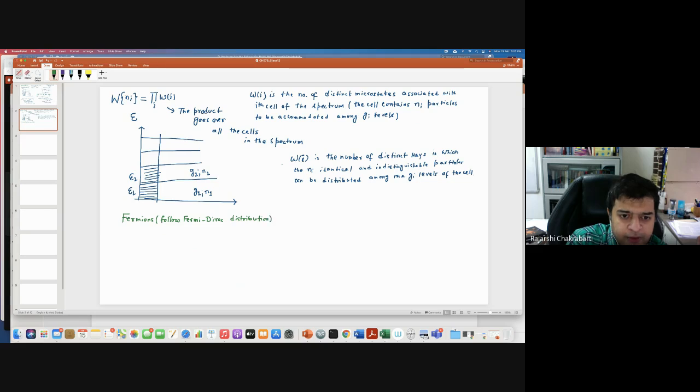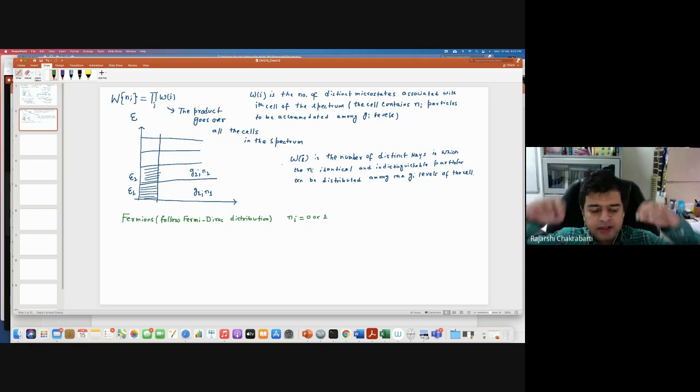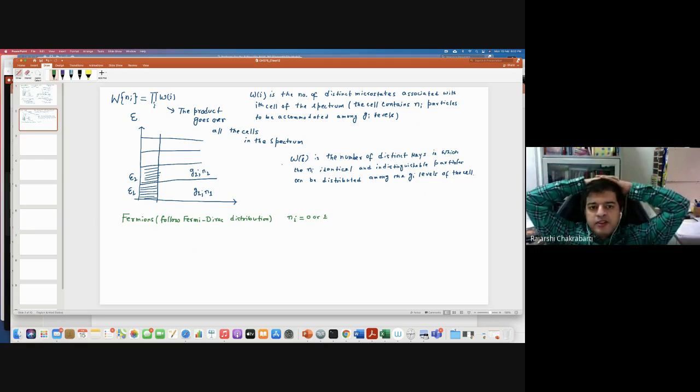In that case, what are the possible values of Ni? 0 or 1. This is for fermions. Either the level has one particle or there is no particle. You cannot have more than one for fermions. I think everybody knows it here.